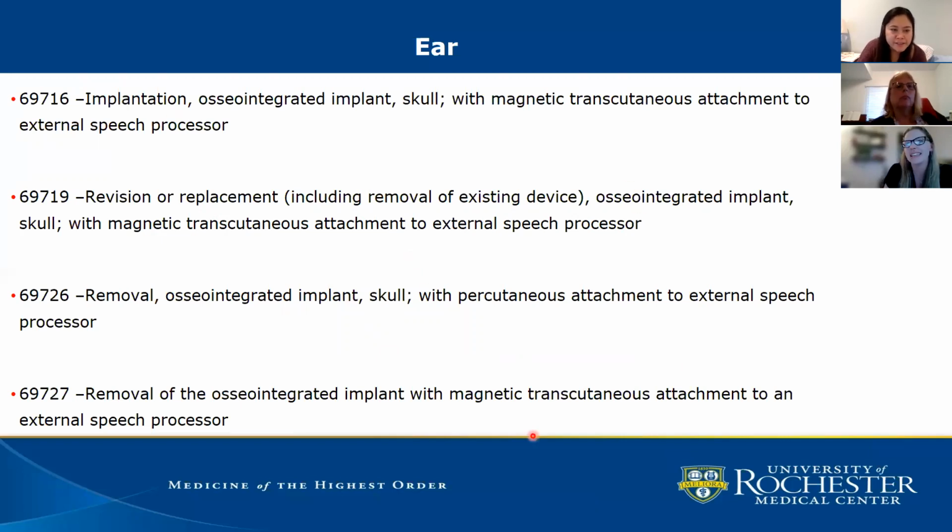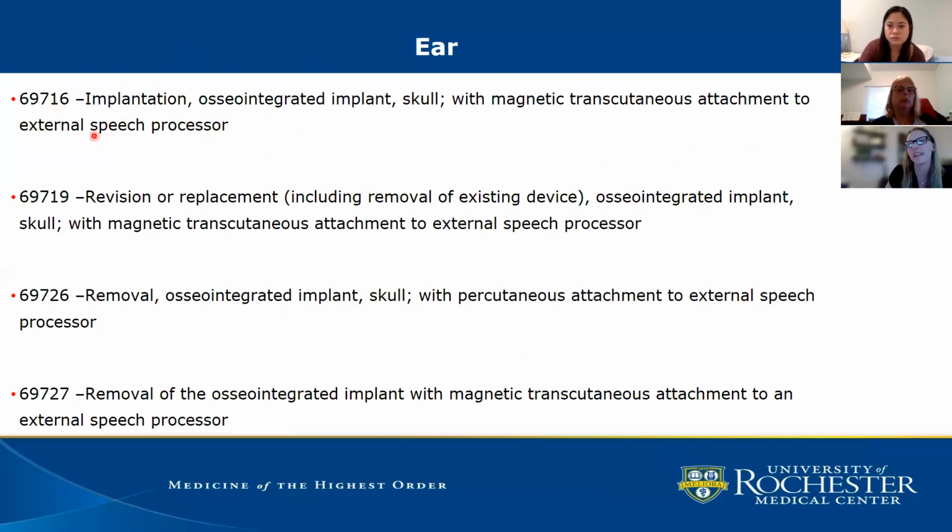So 69716, the implantation of an osseointegrated implant to the skull with a magnetic transcutaneous attachment to an external speech processor. This is a procedure that we may have been seeing already. It's commonly referred to as a Baha procedure, so you may have heard of that.